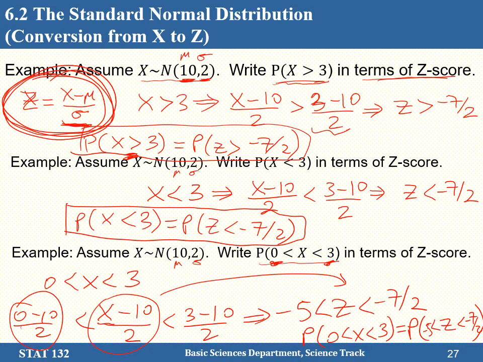Now, these exercises are important because when finding such a probability, we will convert it into Z. Then after Z, we will use a table to find the probability and the area under the curve.